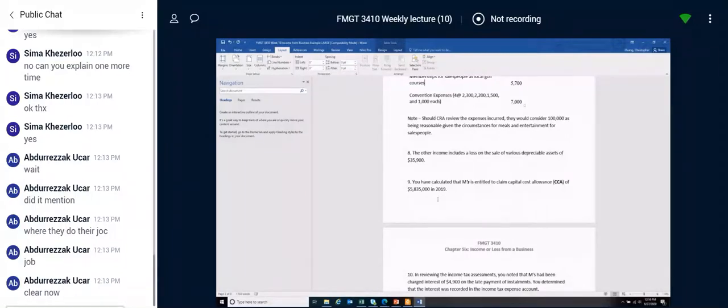If it was the other way around, let's say they said it was not a loss for accounting, they said it was a gain for accounting. Then what you would say is 39.1(a) defines what is a capital gain. So therefore the accounting gain, 35,900, is added to income for accounting purposes.